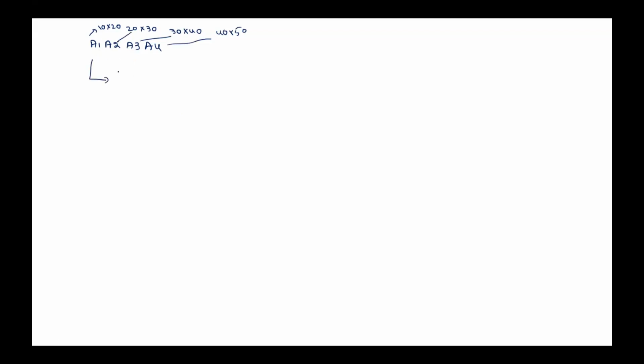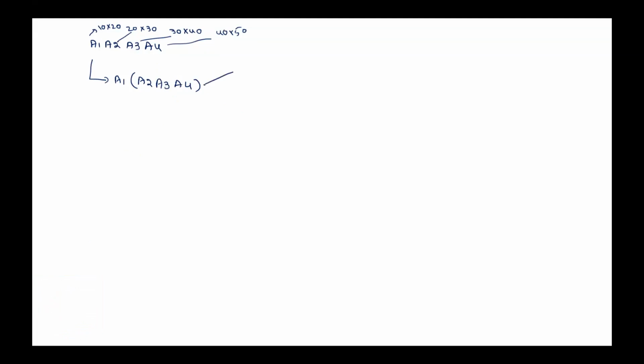One way is, I'll place A1, after that I'll put parentheses here, A2, A3, A4. Is it a valid parenthesization? No. It doesn't clearly tell us how to multiply A2, A3, A4.